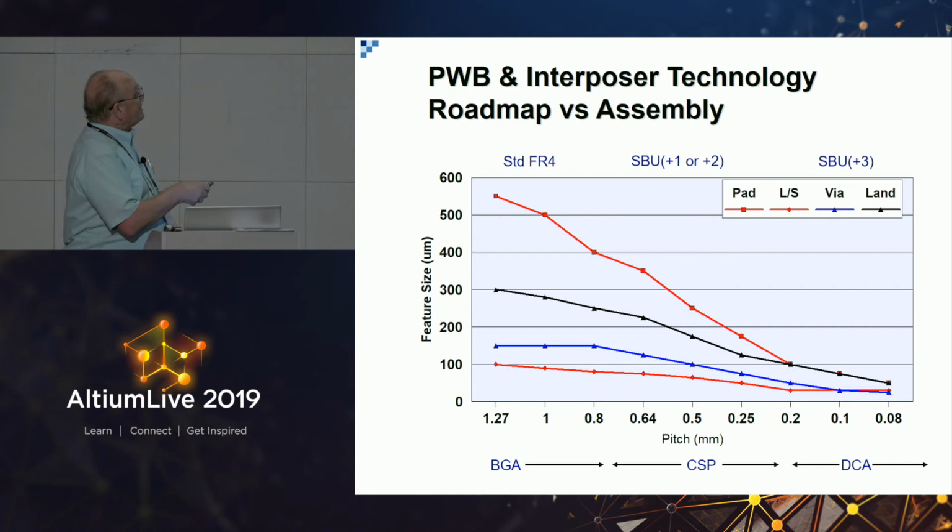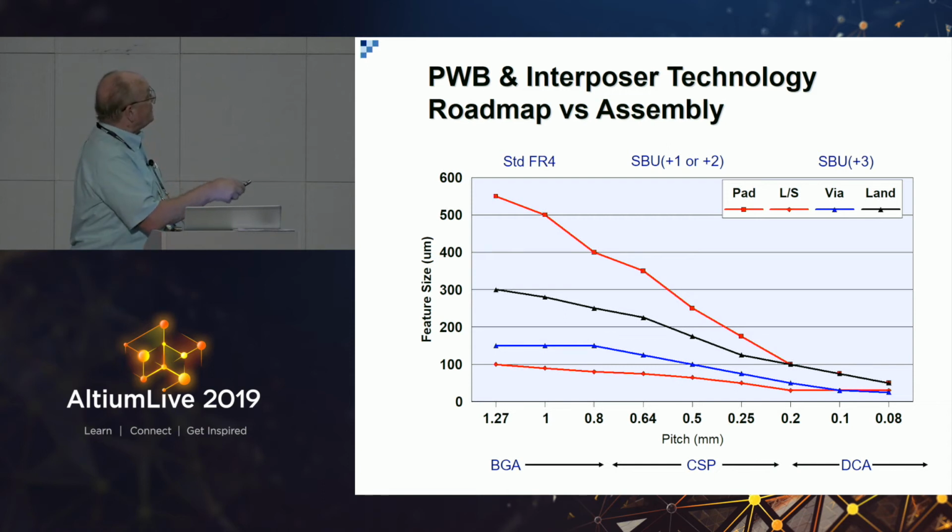So this is one reason why I talk about 0.8 millimeter pitch. This is the packaging interposers, with feature sizes in microns and pitch on this axis. You have BGAs, chip scale packages, and direct chip attachment.